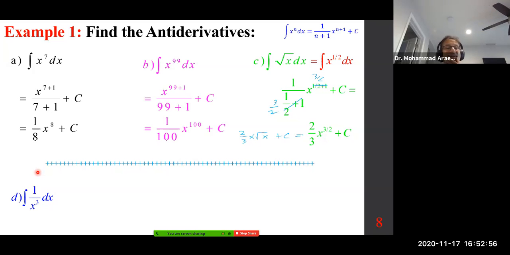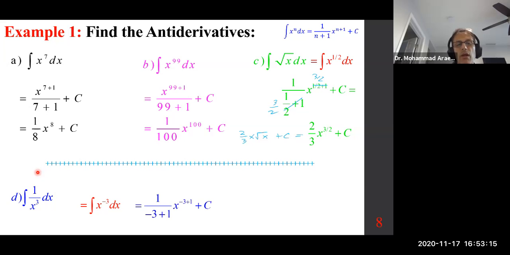All right. Same thing here. What did we do when we were differentiating? We changed it to x to the power of -3. Therefore, we could use the power rule. So 1 over -3 plus 1, x to the power of -3 plus 1.